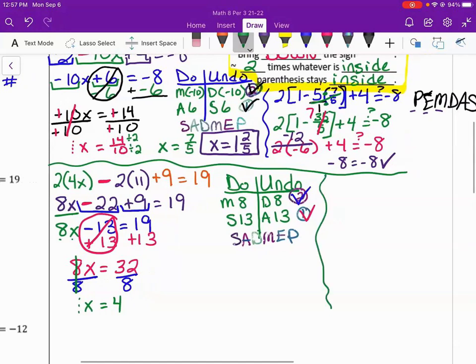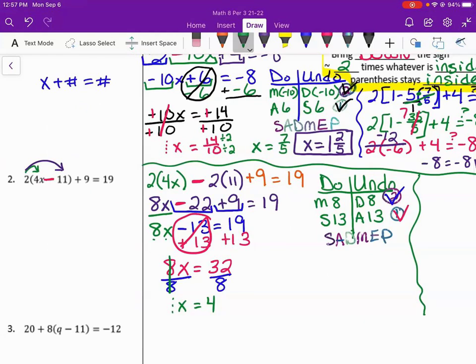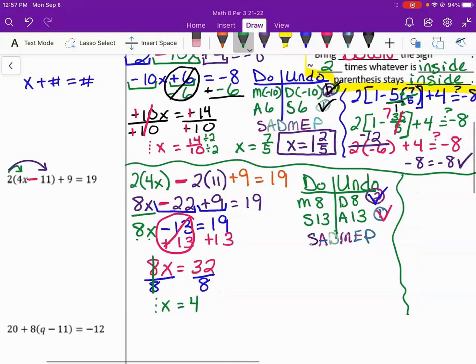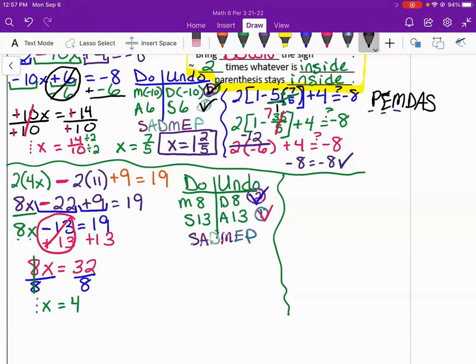Now we're going to go do our check step. See, this is taking far less time. Second time through. Okay, but our check step has to go into the original equation. So it's PEMDAS, and it's the original equation.